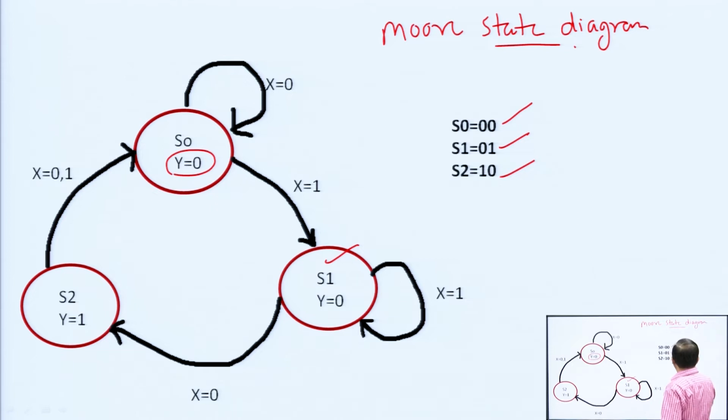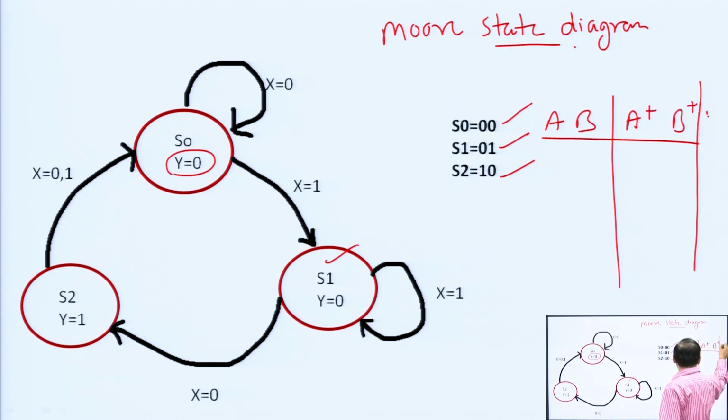So, A B, then A plus, B plus and then Y. How many states are there? We have 00, 01 and 10. Okay.